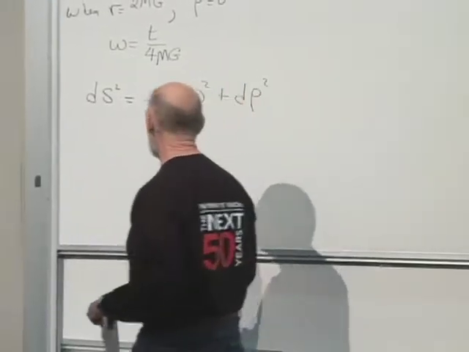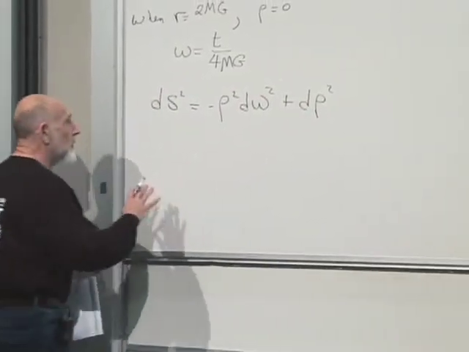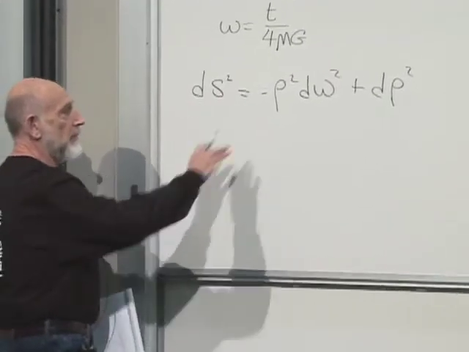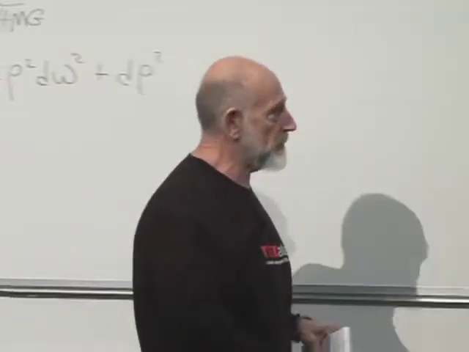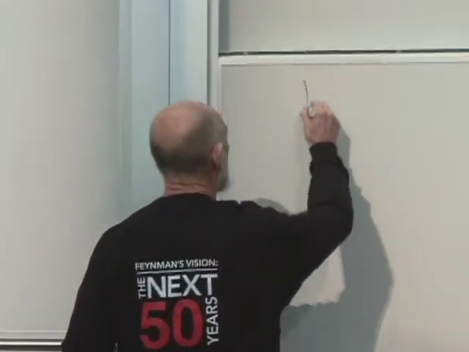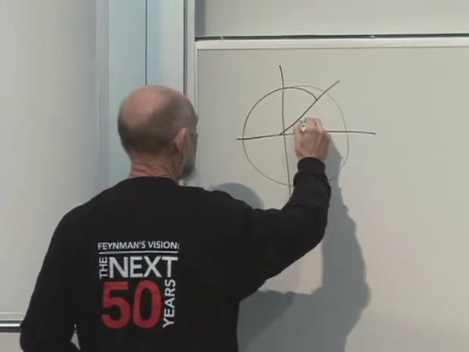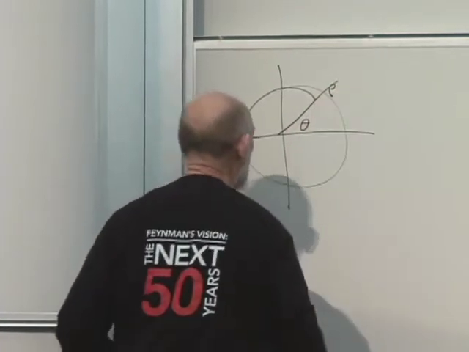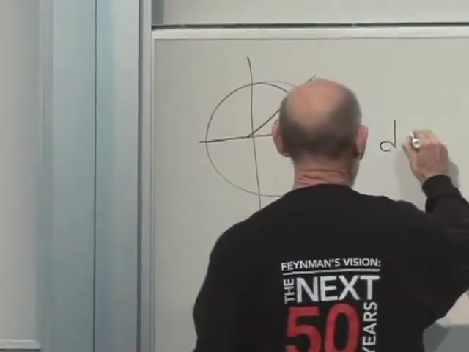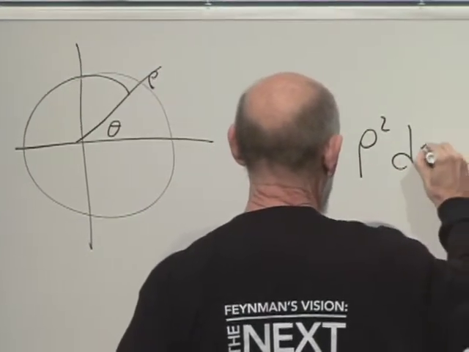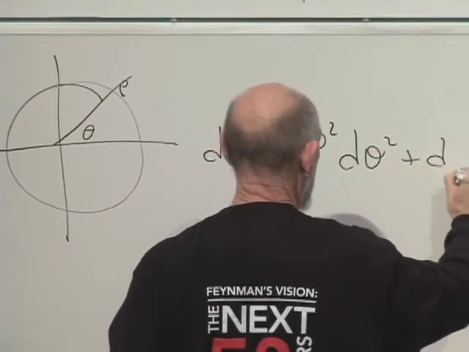In polar coordinates, we would ordinarily write, theta, rho, that ds squared is equal to rho squared d theta squared plus d rho squared.